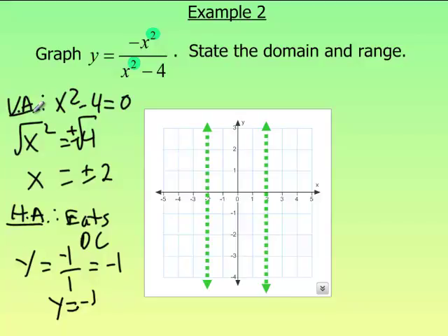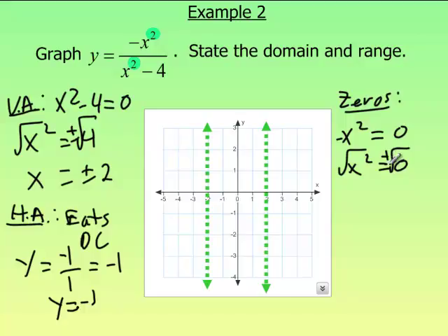Please label where you're finding the vertical and horizontal asymptotes when you work this out on your paper, so it's clear, as well as when you find the zeros. So when I find the zeros, that's when I'm going to just say -x squared. So I set the numerator equal to 0. So I'll divide both sides by -1, and then take the square root.